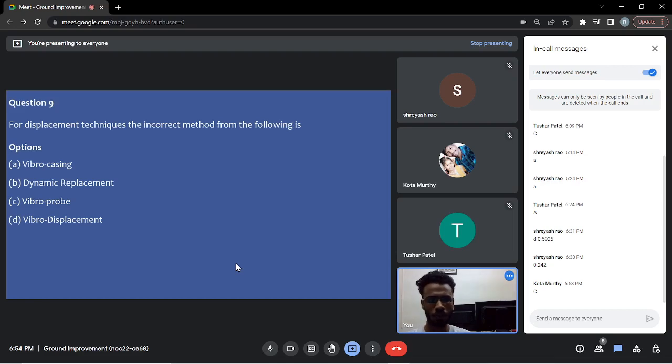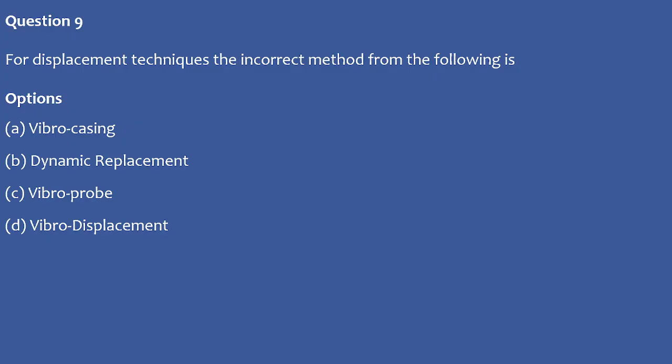Okay, thank you, Kota. Let's move to the next question. 9. For the displacement technique, the incorrect method from the following is. Among these four, one of the methods is not categorized under the displacement technique. Which one of them is it?